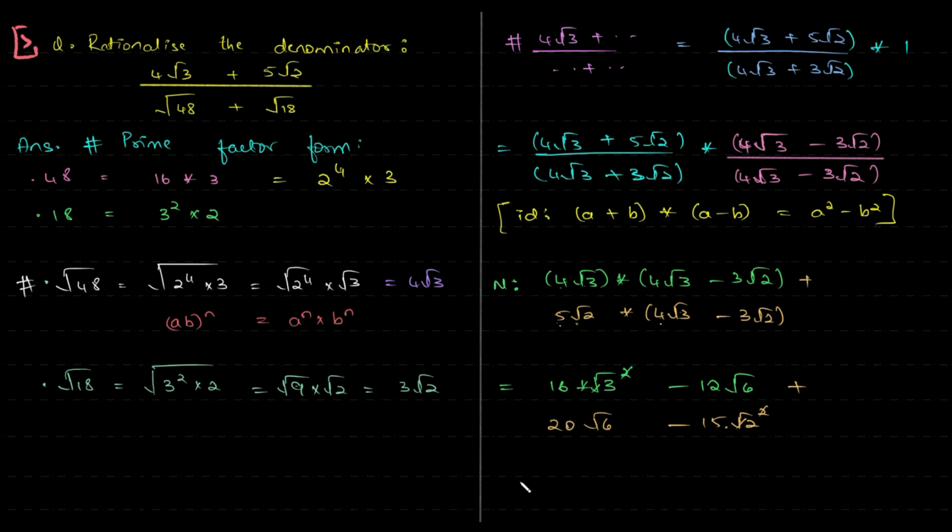Okay, and now we can directly do 16 3s are 48, 30, 18, right? Minus, this is positive and this is negative, by the way. So this will be 8 root of 6 minus 8 root of 6.